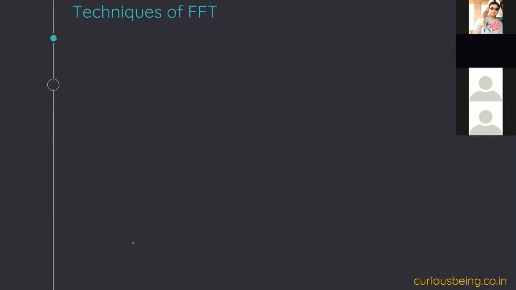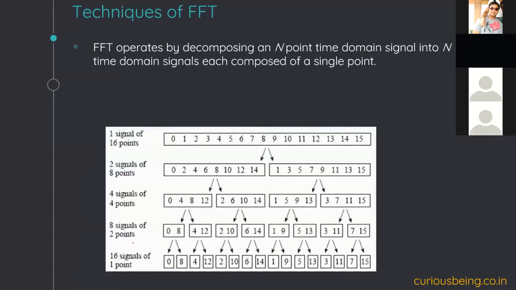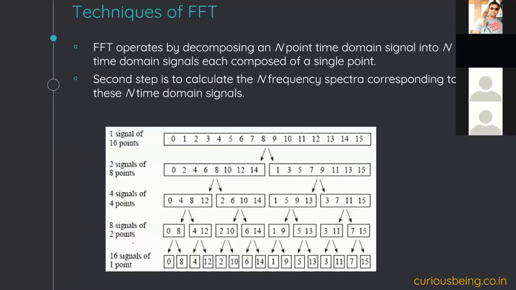In literature and in industry, the FFT operates by decomposing, and again, I'll not go into much detail of this. I just want to touch upon these concepts so that you can read and evolve on this yourself. So the FFT operates by decomposing this, in this case a 16-point signal.